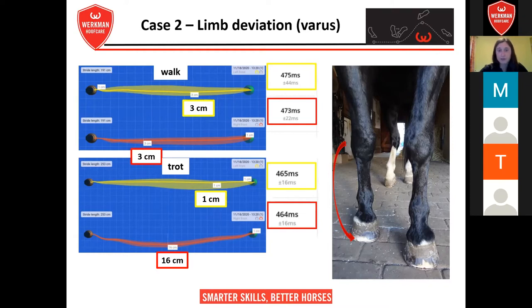If you look at trot on the straight limb and the varus limb, there is a more or less symmetrical timing. There's just 1 millisecond difference between the left and the right forelimb. Although the right one has a sideways motion of 16 centimeters, and the left one is going very straight, although they make a completely different geometry, they have the same timing.